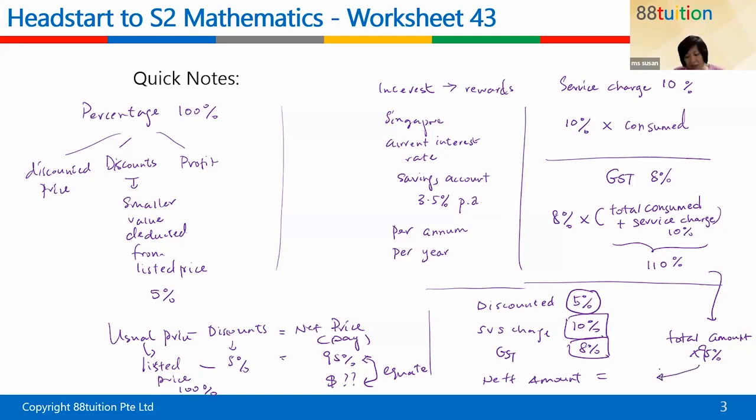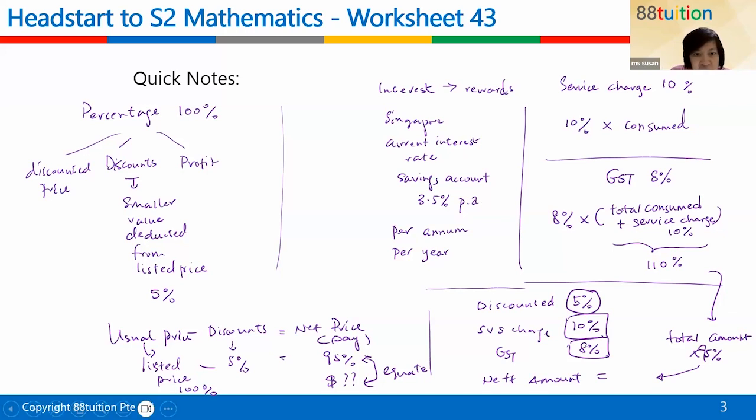Then some students say, teacher, can I do this? I minus the 5% first, then I find the service charge, then GST. Yes, you can. Then another scenario, teacher, can I find my GST first, then find my discount, and then find my service tax? Now you see the sequencing is all wrong, right?